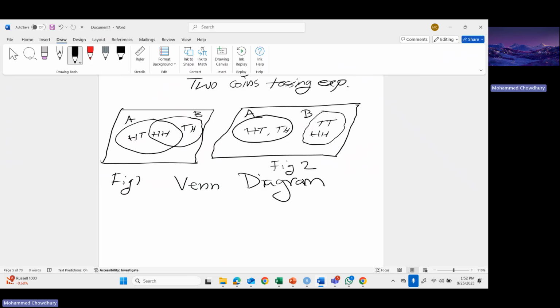Now the second figure, two events: event A stands for one head, and event B stands for both heads or both tails. By looking at figure 1 and figure 2, if I ask you the question, are the events A and B independent in figure 1 or in figure 2, what will be your answer?